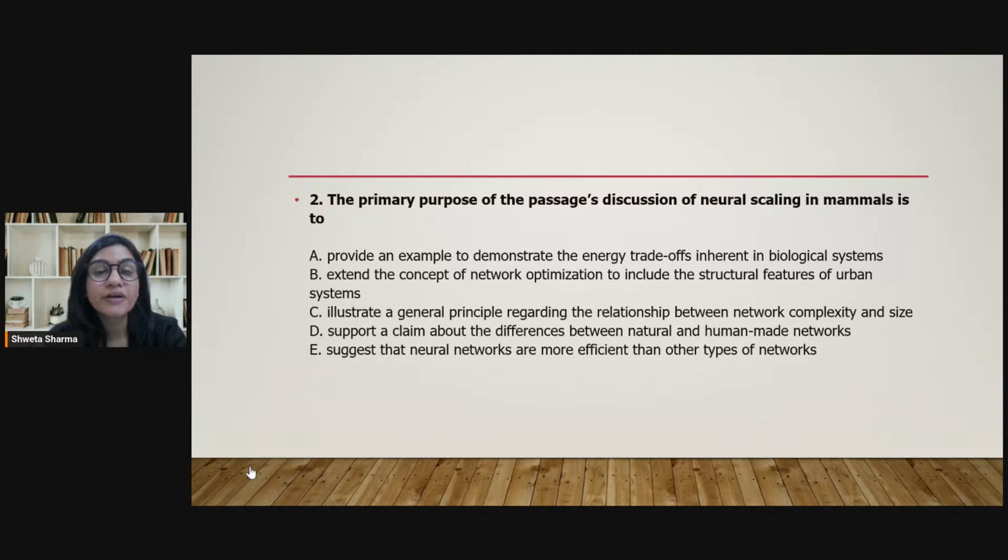Are we giving any examples stating that natural networks are more efficient than other types of networks? Not really, right? But support our claim about the difference between natural and human made networks. So we're trying to draw a relationship here, right? And we're supporting a claim. So the answer should be D for this particular question.